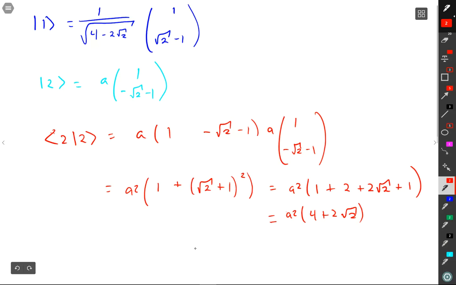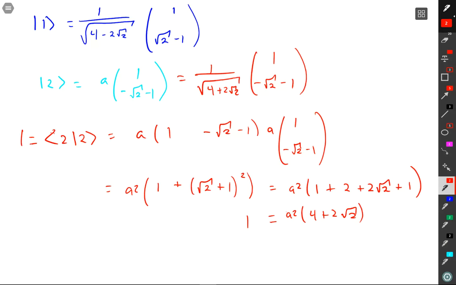So now I'm able to finish out. You recognize this is equal to 1. And so A is equal to 1 over square root of 4 plus 2 root 2. So there's state 2.